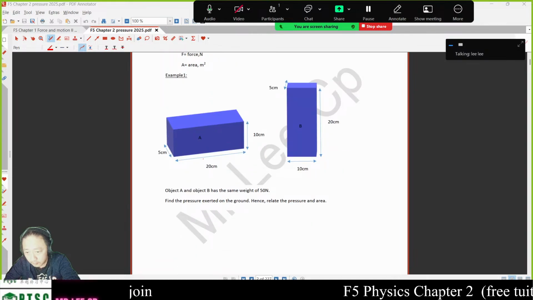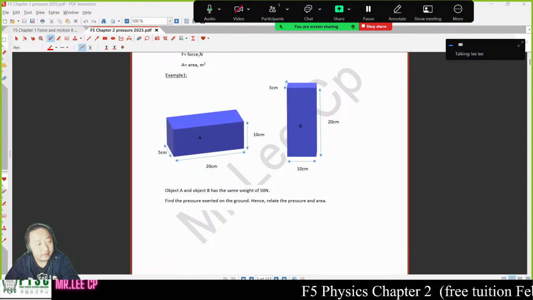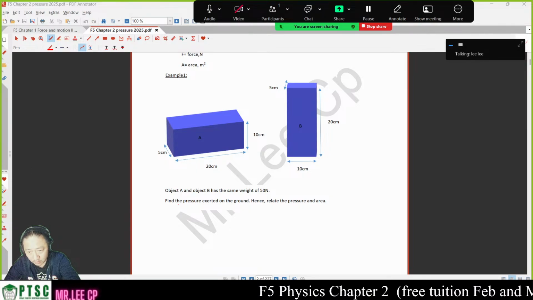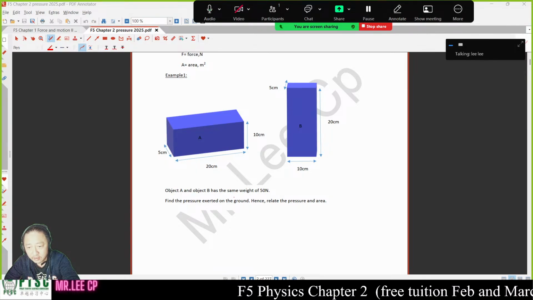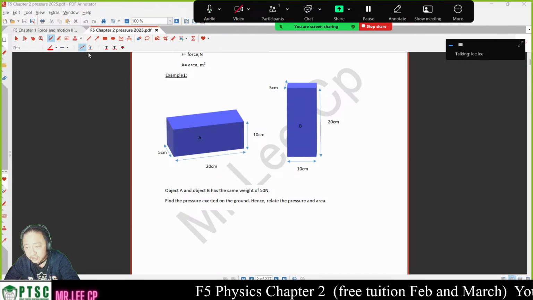So we look at one example. Objects A and B have the same weight of 50 Newton. Find the pressure exerted on the ground. Hence, relate the pressure and area. Okay.